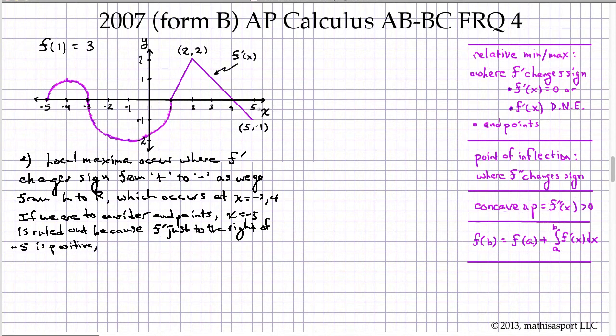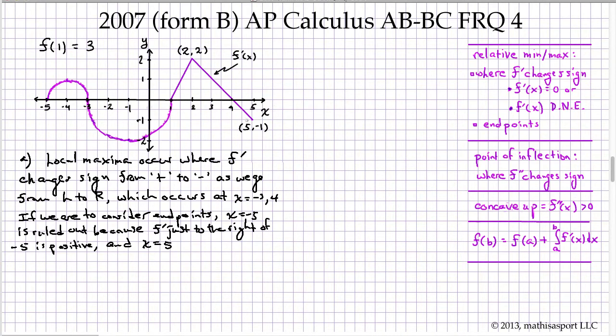Similarly, at the other end, at x equals 5, that's also going to be ruled out because here the f prime value is negative, right at 5 as well as immediately to the left.